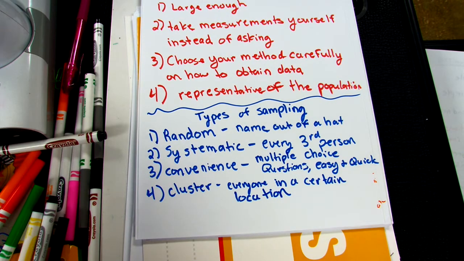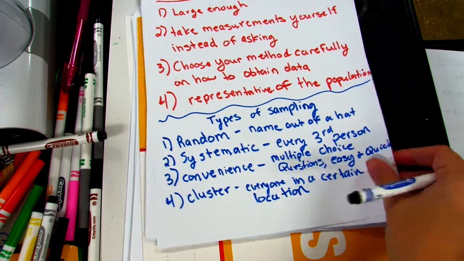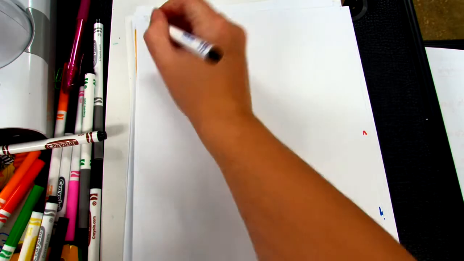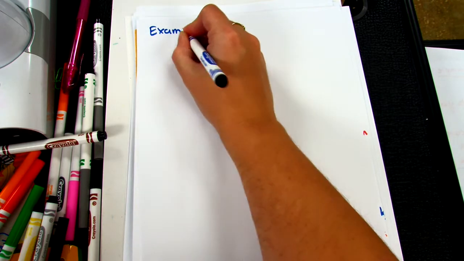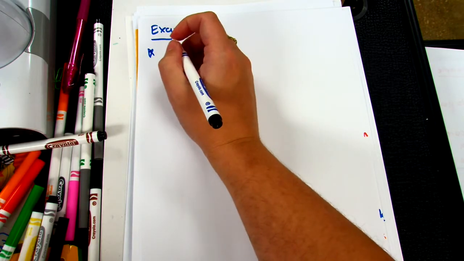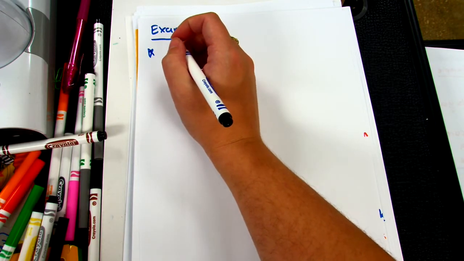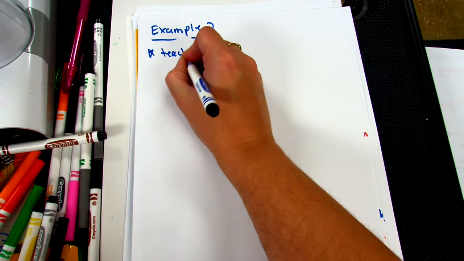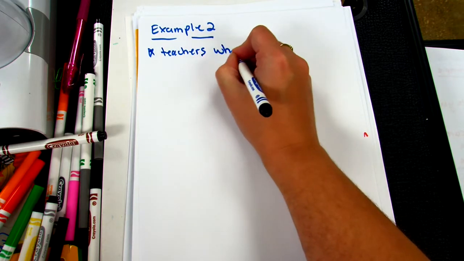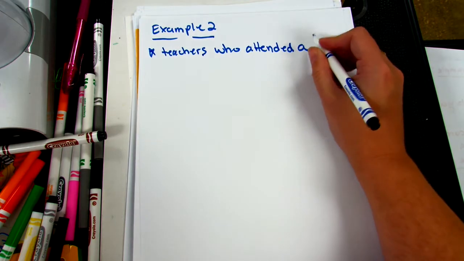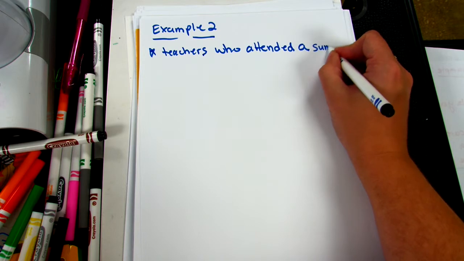All right, so let's do some examples to go over types of sampling. All right, so this is example 2, and we're going to go over types of sampling. Okay, so what about, our sample is going to be teachers who attended a specific summer workshop.